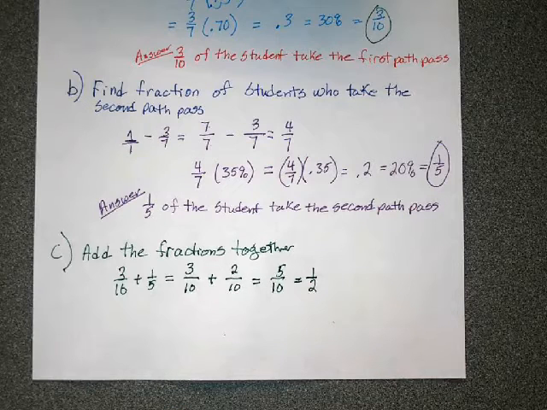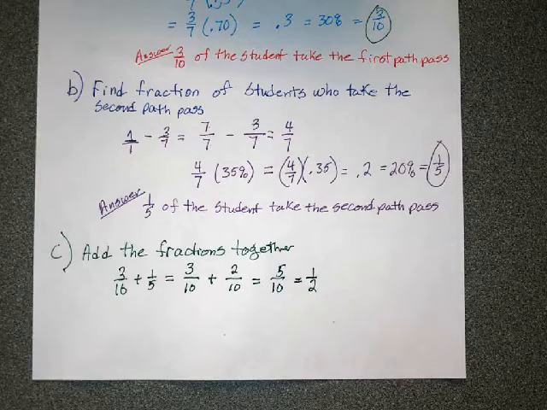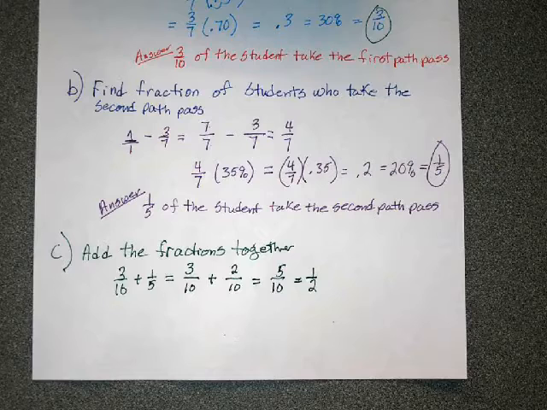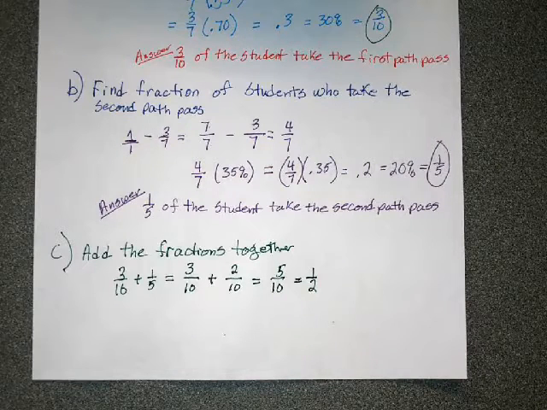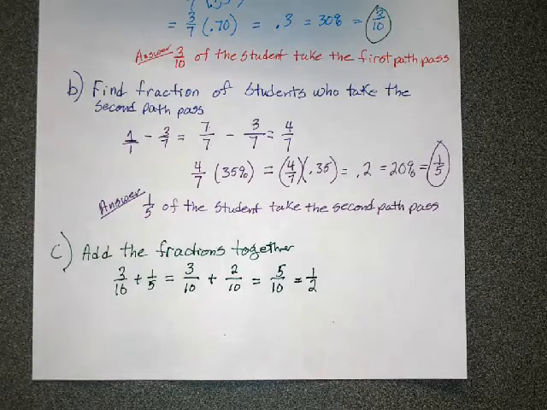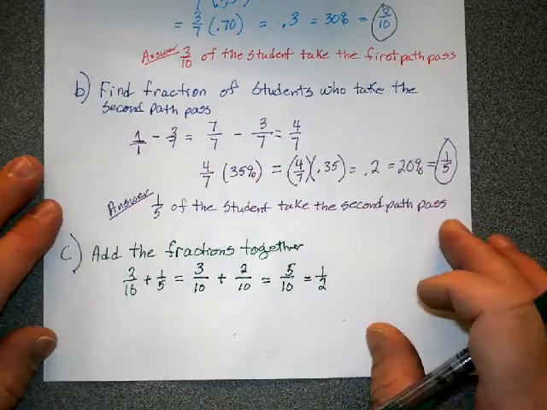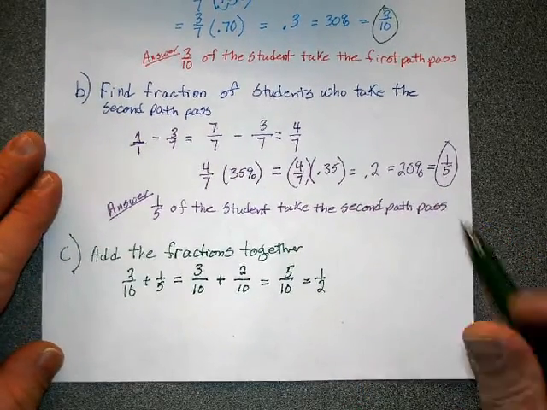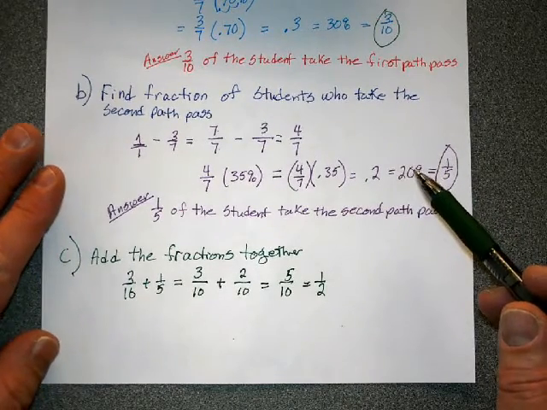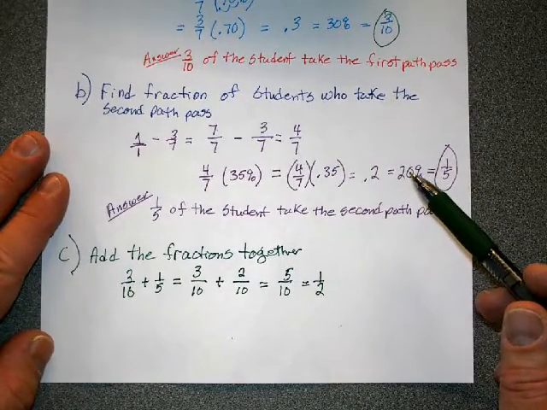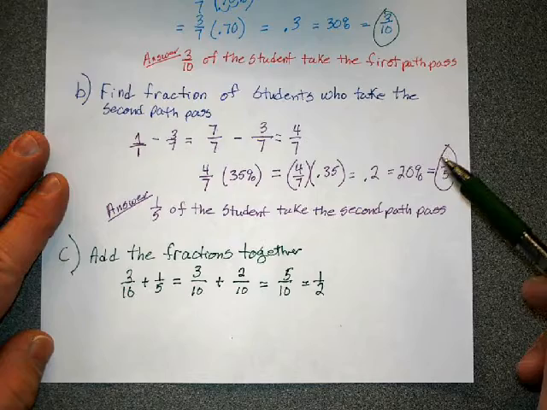Okay, so what does this 1/2 mean? I love teaching fractions to seniors. It is so fun. So what does the 1/2 mean? The 1/2 is almost the answer, but it's not it yet. Okay, what does the 3/10 mean?